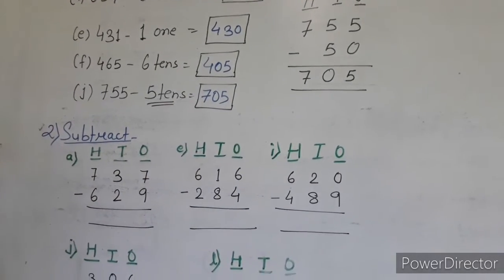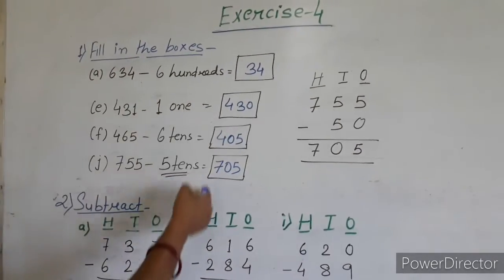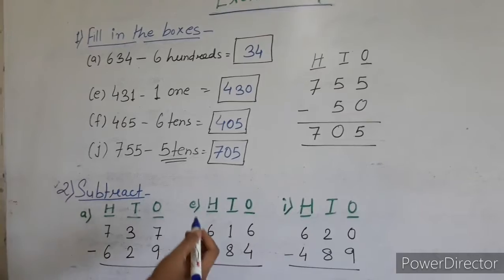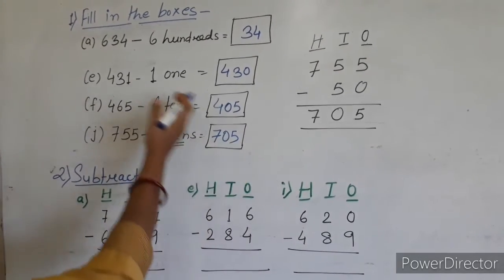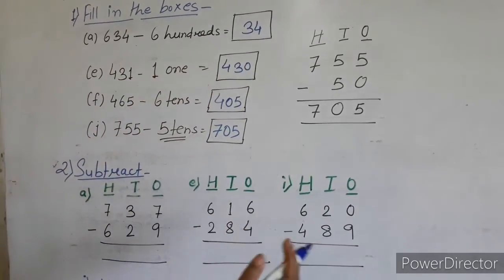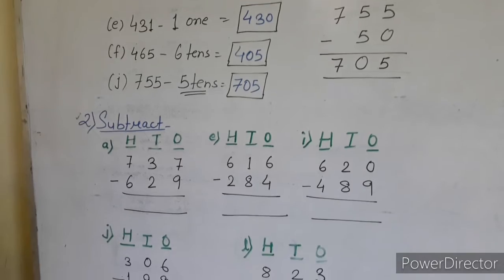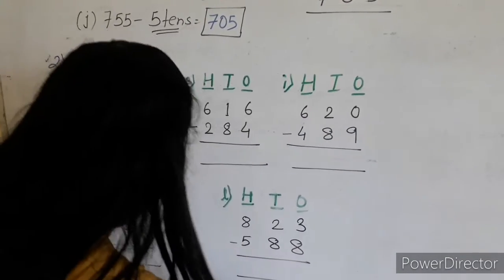705. All of you know the hundreds, tens, ones, and this one I have already discussed with you, how you can write. 5 tens means 50, 6 tens means 60, 1 means 1 and 600 means 600. Like this you have to do the numbers. The rest of the questions are also in your book. Let's see the book here.